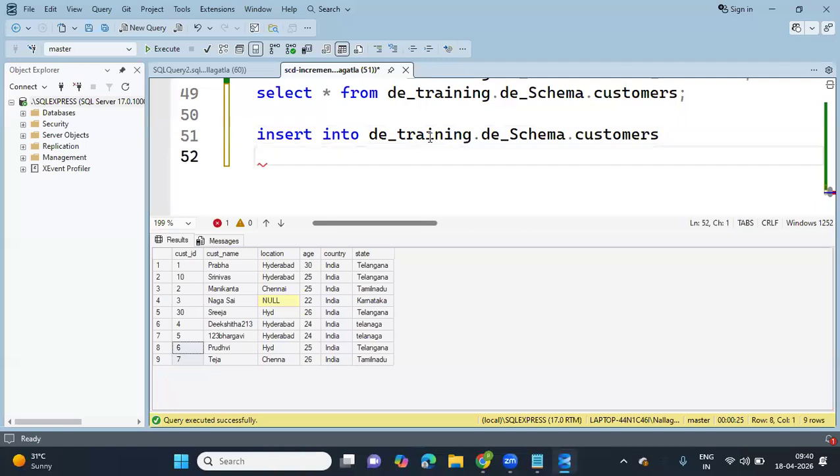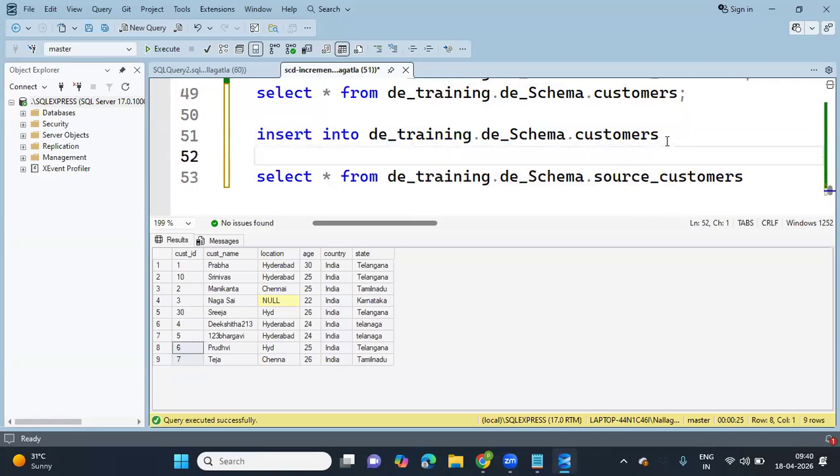Okay, what do I want to insert here? Select star from the source table. Whichever rows are not available in the target, I want to insert. First, let's write the join.